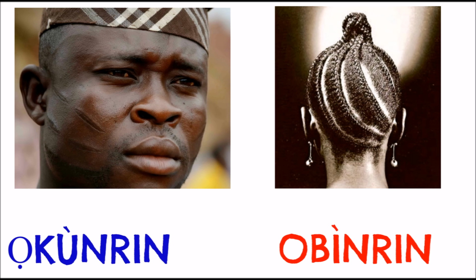Now, ọkùnrin. There are 3 syllables, so 3 accents will be applicable. O doesn't sound like do. If it's going to be do on that syllable, it's going to sound much higher than that.